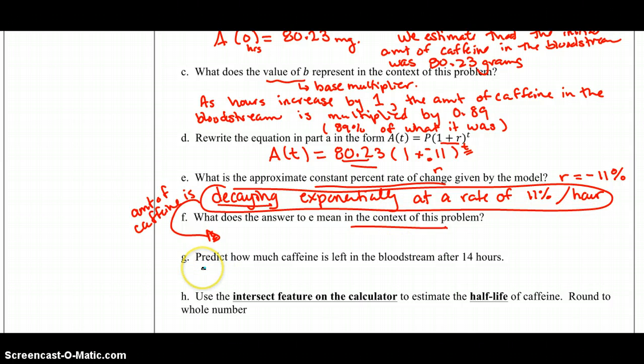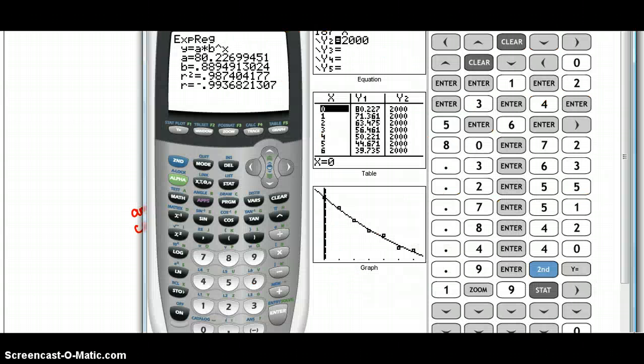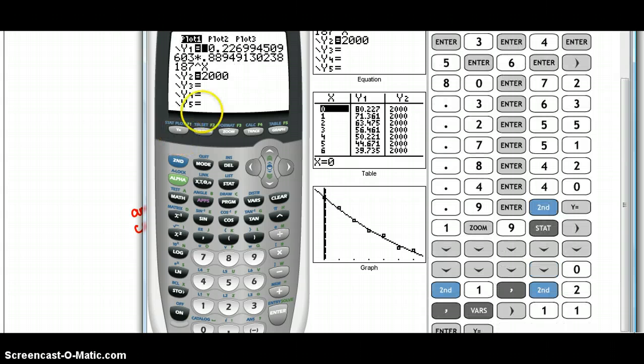Now we're asked to predict how much caffeine is left in the bloodstream after 14 hours. So we want to evaluate this function at 14. The amount left is our amount A, and after 14 hours means t is 14. We can just plug it in, or remember we stored that equation next to y1. On the calculator, if we push y equals, we'll see that equation has been stored for us.